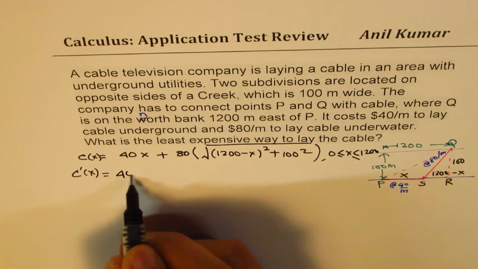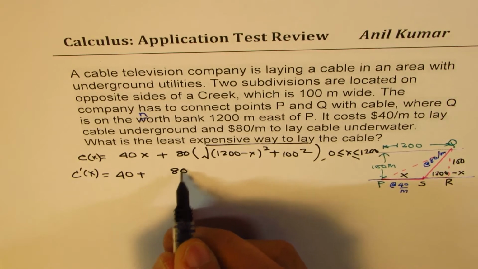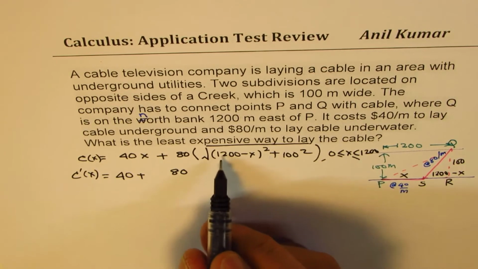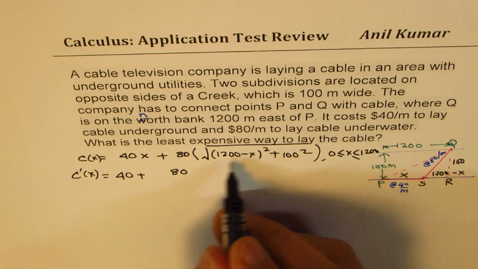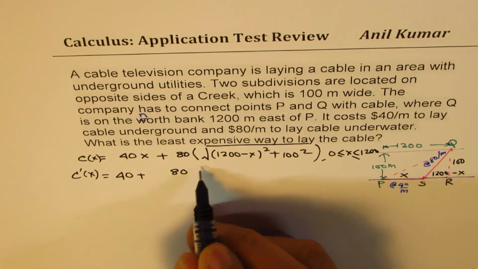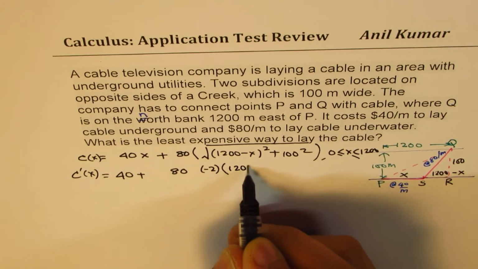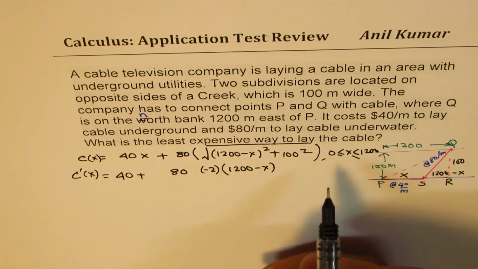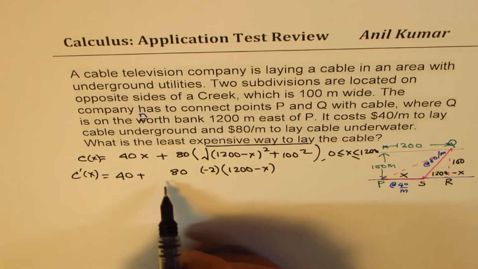So it is 40 here, plus 80 times the derivative of the inside function. This derivative will be minus, because of this, I'm writing minus 2 times (1200 minus x), and the derivative of 100 squared is 0. So that comes in the numerator.